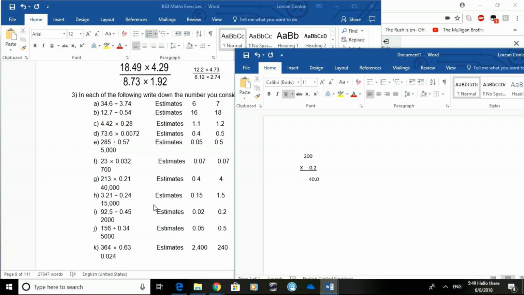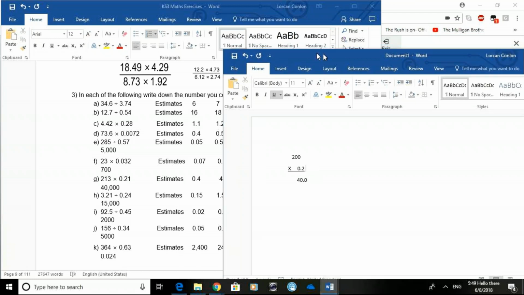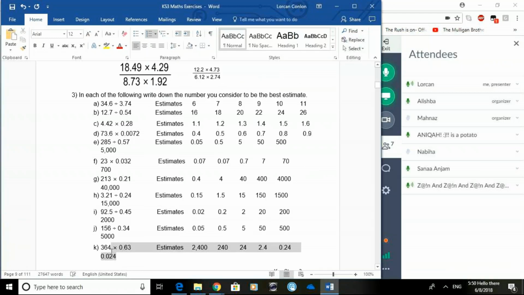Right, guys, so let's try and use this exact same method. I want you to try and estimate this last one here for me. Okay? So 364 multiplied by 0.63. So just estimate them both to the nearest one significant figure. So 364 to one significant figure, what's that? 400.